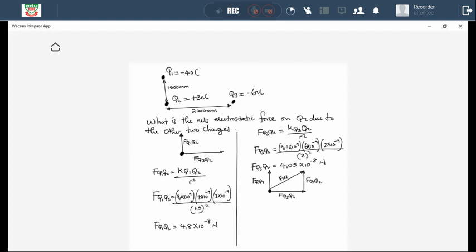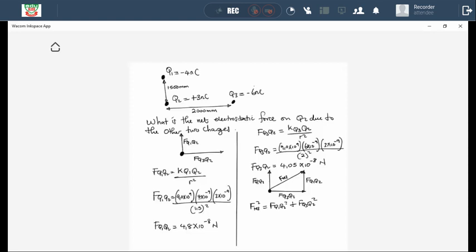Now, from your knowledge of mathematics, that is a right angle triangle, Pythagoras theorem can work. Yes, Pythagoras theorem there, it can work. So in other words, I can say F res squared is equal to F Q1Q2 squared plus F Q3Q2 squared.